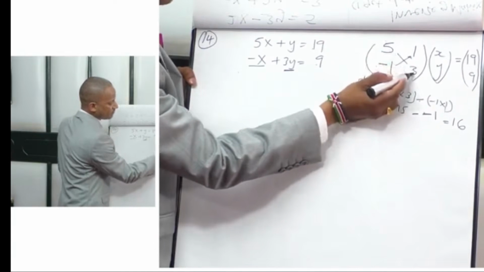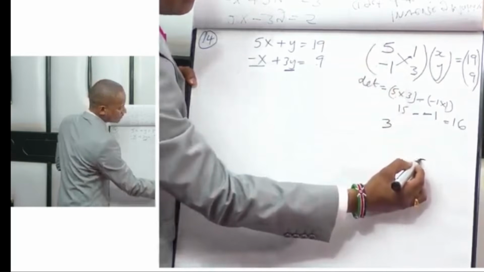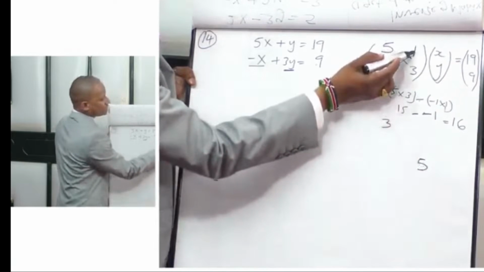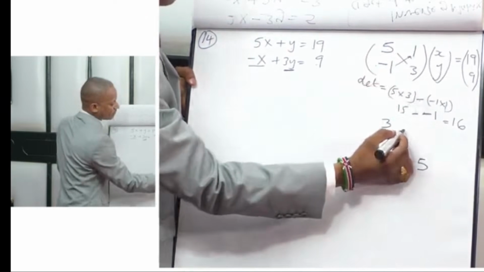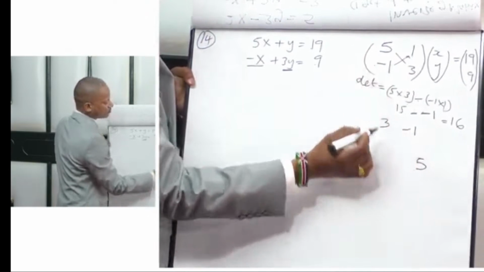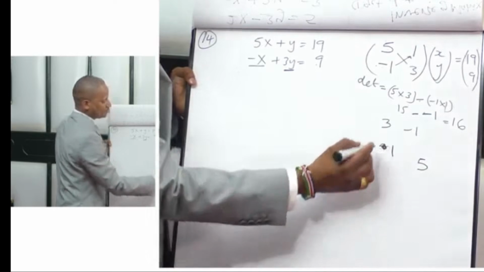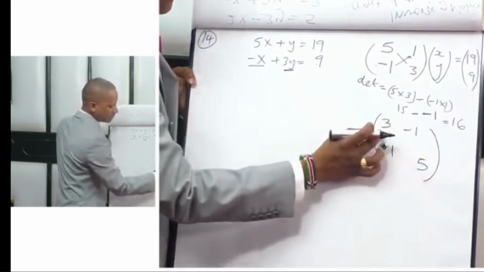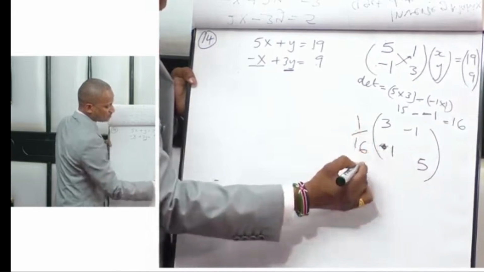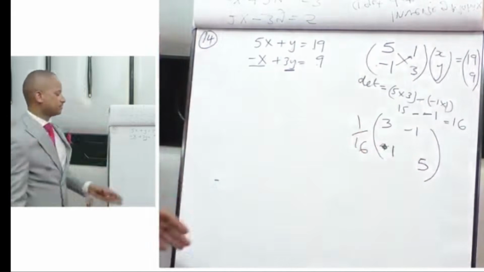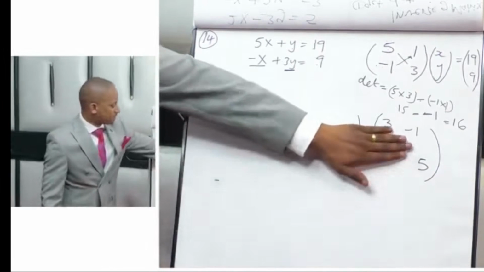So if this 5 drops here and 3 goes up, you just do 3, 5. Then you change the signs of the other diagonal. This plus 1 becomes minus 1, and this minus 1 becomes plus 1, or just 1. You divide every element by 16, which is the same as putting 1 over 16 in front to make your work look neat. So this is the inverse.